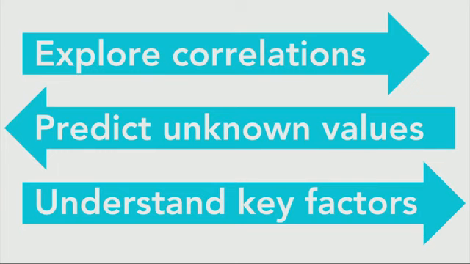Even when we can't say that one variable changing causes the other variable to change, if we know that they change together and we need to make a prediction, we might be able to use one variable's values to predict the other. And then we can understand key factors. So we can understand things that may or may not cause a unit of change in one variable.